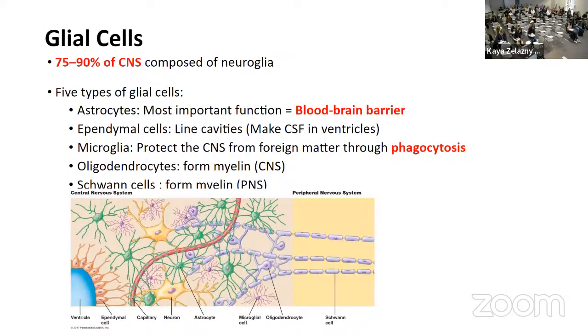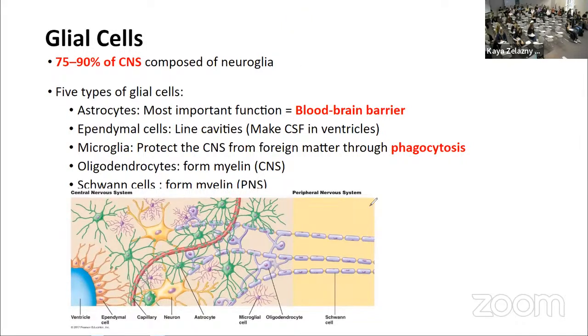On this slide we have all of our types of glial cells. So you should probably expect there to be a question on one of these glial cells somewhere on the exam, just asking you which of them it is. Right? So we've got 5 types.